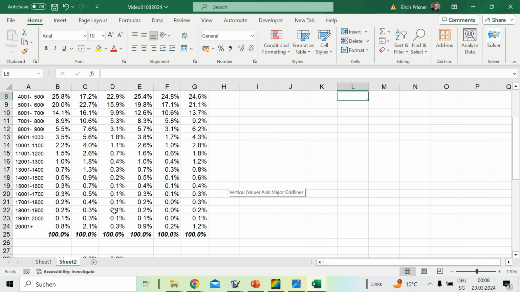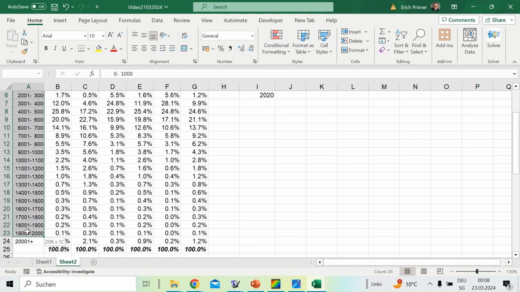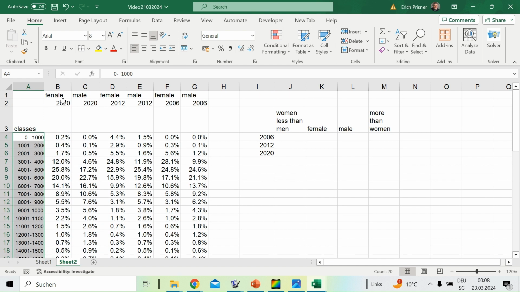So I adjusted it, stretched it, so that these numbers would always add up to 100%. Okay, these, again, are the classes here on the left. And here I have 6 columns: female 2020, male 2020, female 2012, male 2012, and the same for 2006.